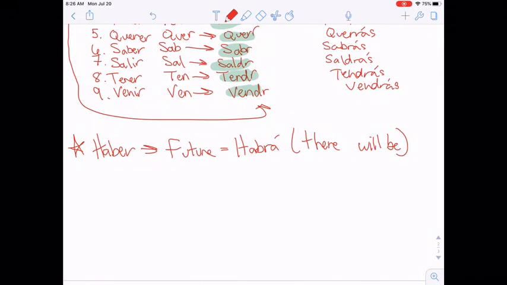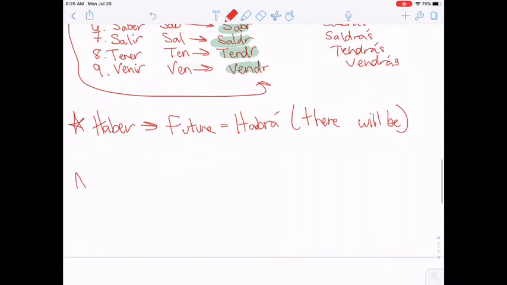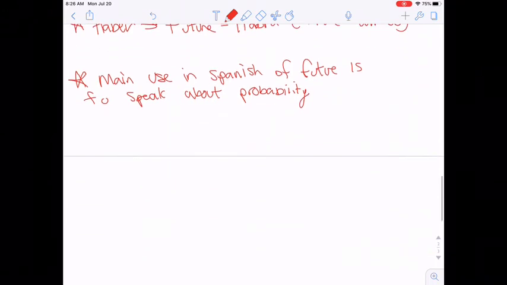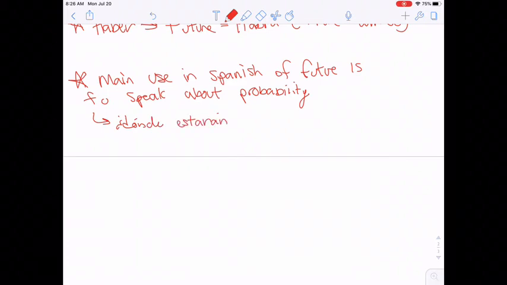So, for instance, one of the main uses of the future in Spanish is to speak about probability. And per se, if I wanted to say something like ¿dónde estarán mis llaves?